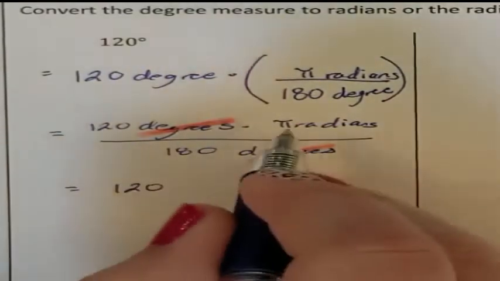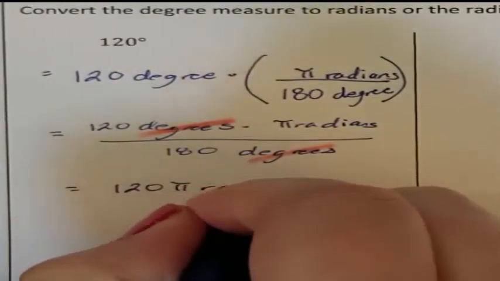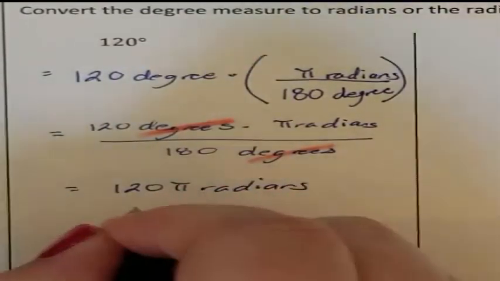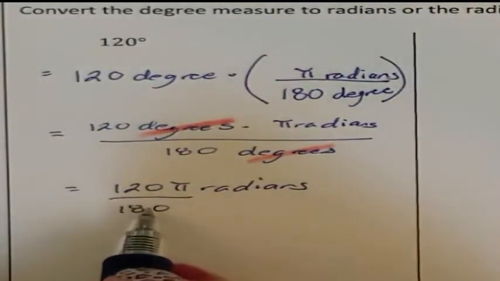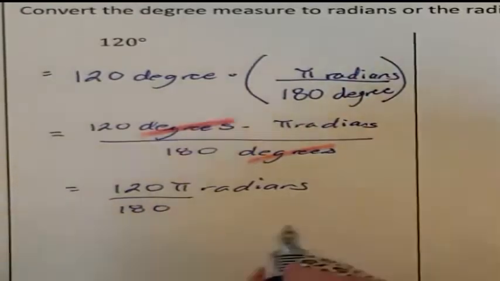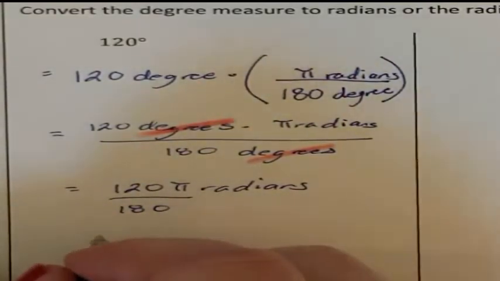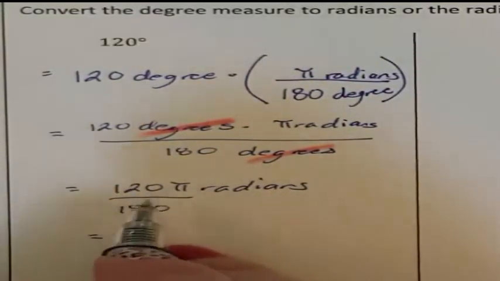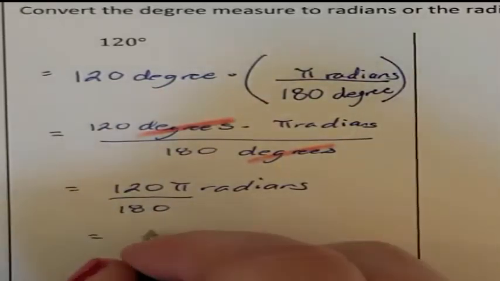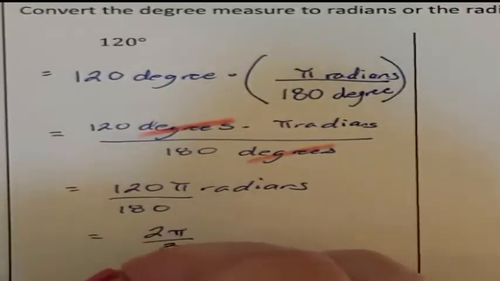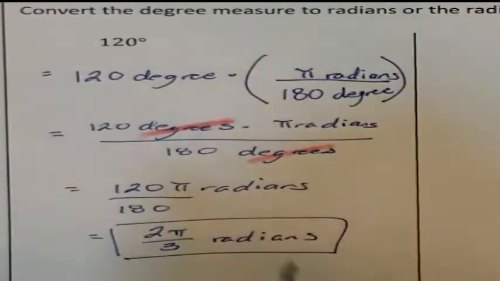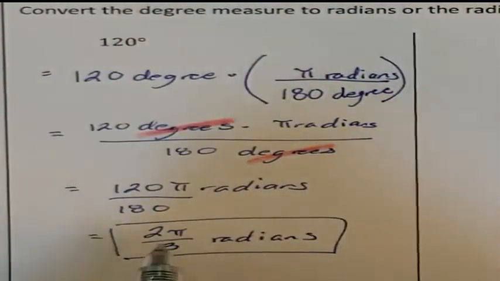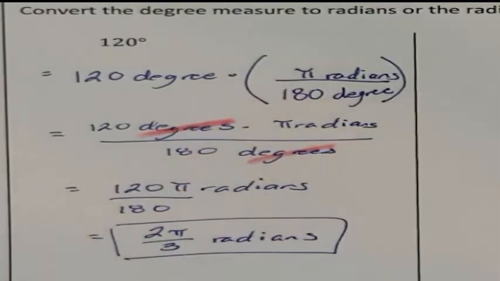I have 120 pi radians all over 180. So I need to simplify the fraction 120 pi over 180 because our units is in radians. So 120 pi over 180 simplifies to 2 pi over 3, and our units is in radians. So 120 degrees is the same measure as 2 pi over 3 radians.